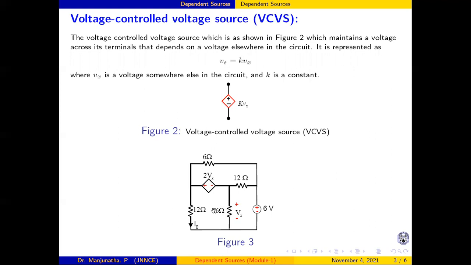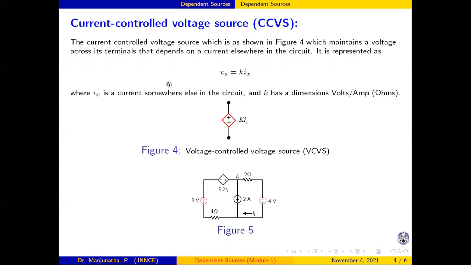The drop across the 6 ohm resistor is Vx, and the multiplication factor K is 2. In this way, dependent sources appear in circuits. The symbol is a rhombus, and because it is a voltage, it has a polarity, plus and minus. This is the DC voltage controlled voltage source.